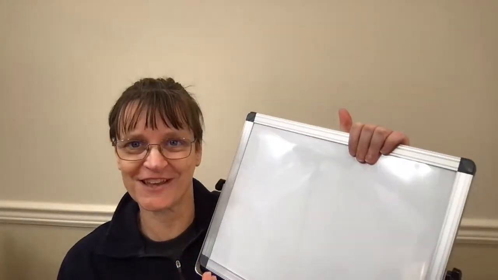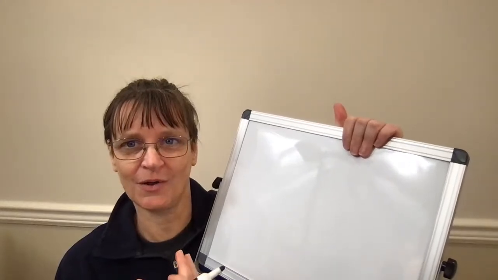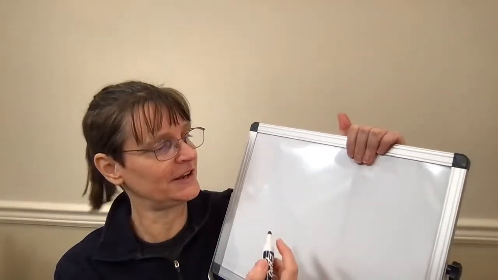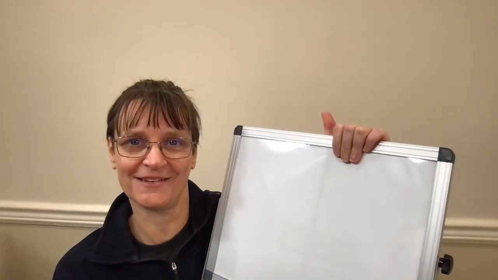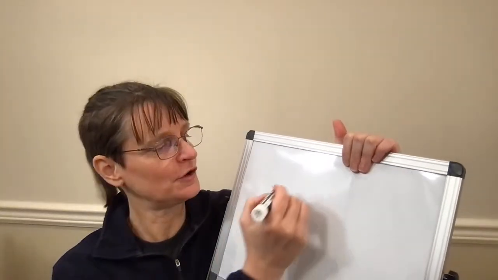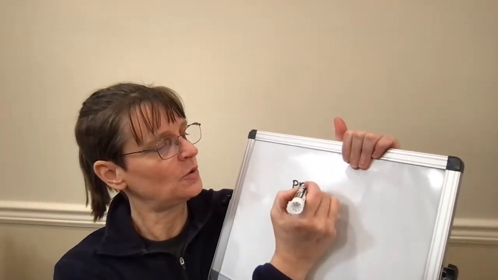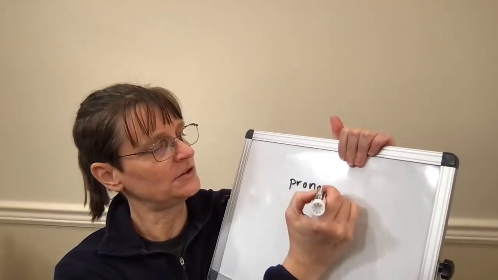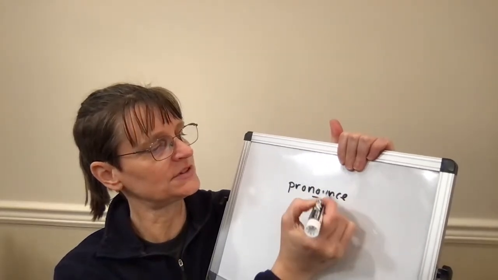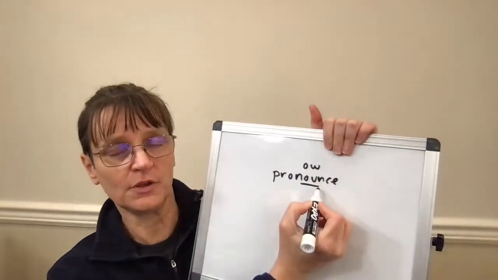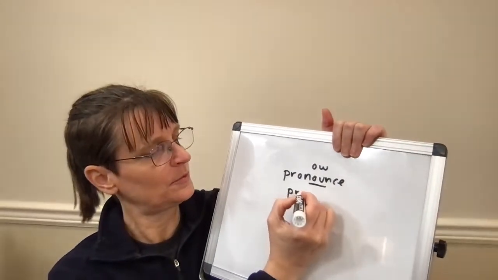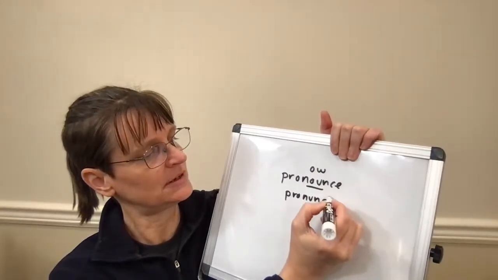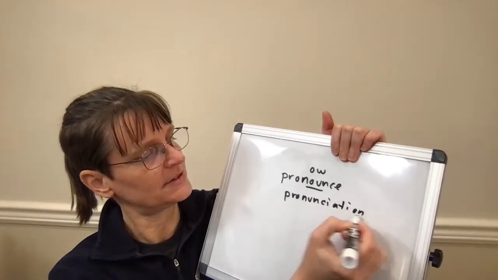Okay, and also pronunciation. We did also just have a word of the day video on this, and I made a lesson on my website for you for pronunciation. So just watch out that when you do pronounce, you have the ow and the OU spelling, but pronunciation has none.